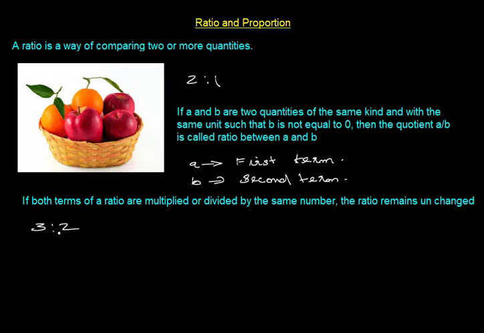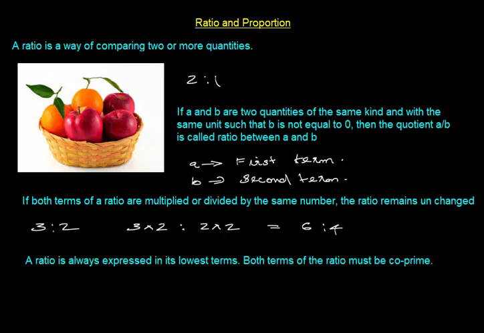We multiply each term by 2, then we get 3 into 2 is to 2 into 2, equal to 6 is to 4.